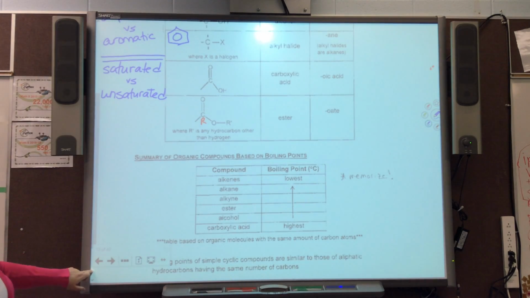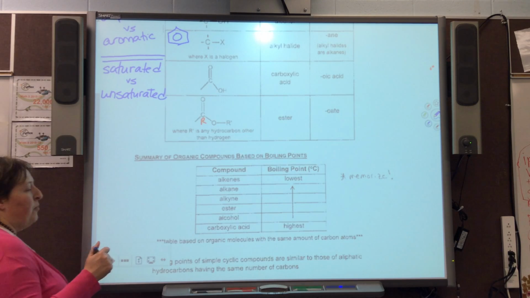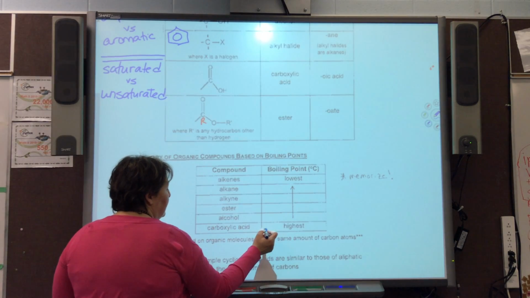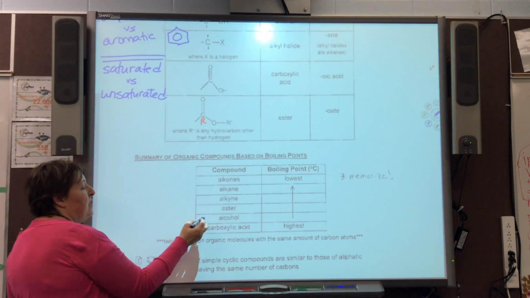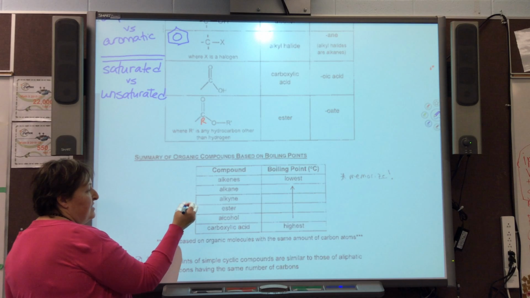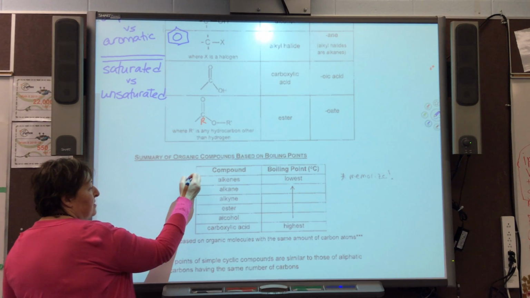Alright. Summary of organic compounds based on boiling points. This is something else that comes up as a comprehensive question, like an application question in chemistry. The carboxylic acid has the highest boiling point, then alcohol, and this is the lowest.